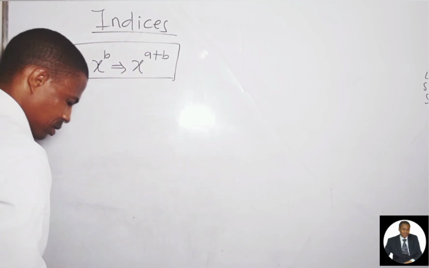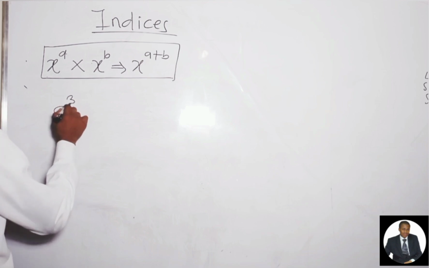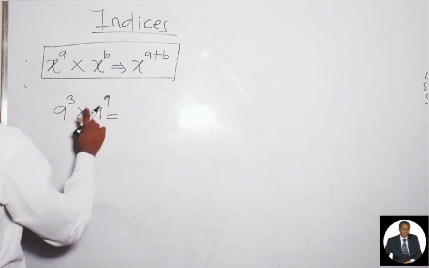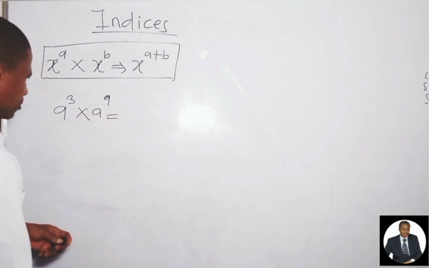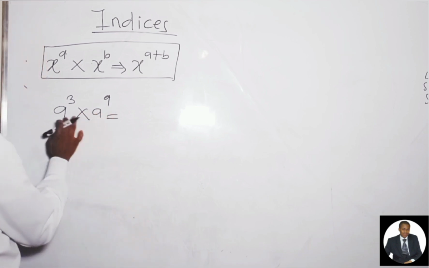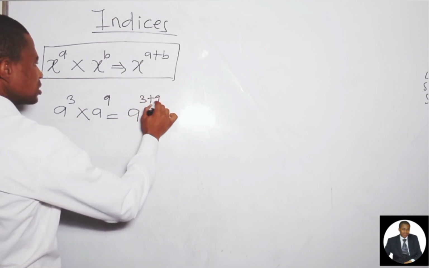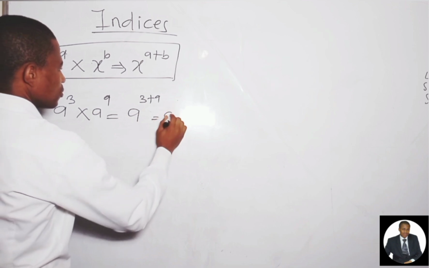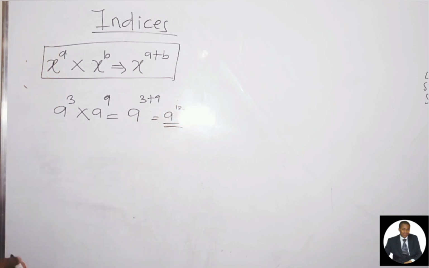Let's take another example. A raised to the power 3 times a raised to the power 9. Same base. We pick one of the base, then we add the exponents, the indices. That's a to the power of 12. If you want to be sure, we can check.